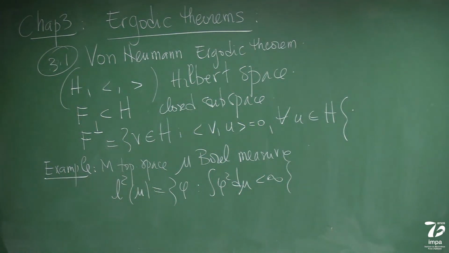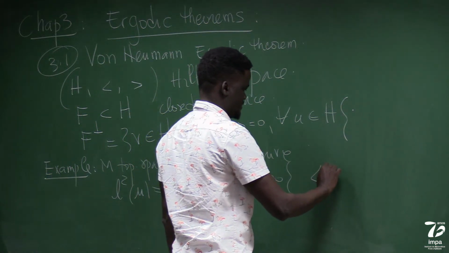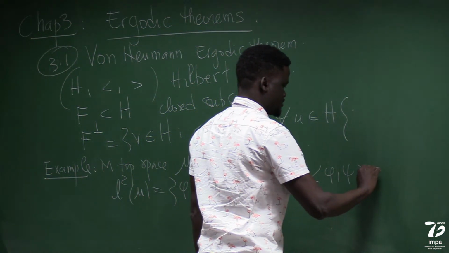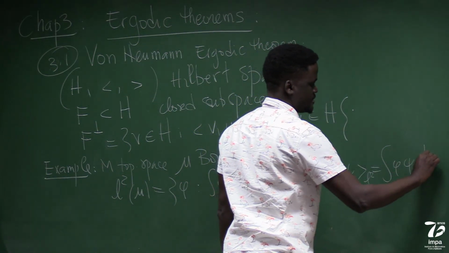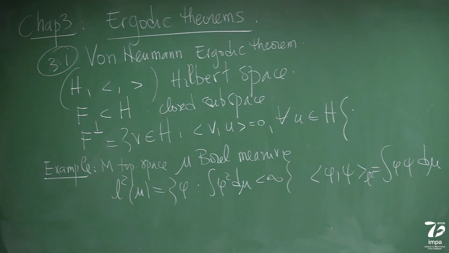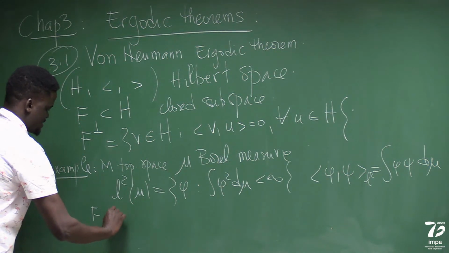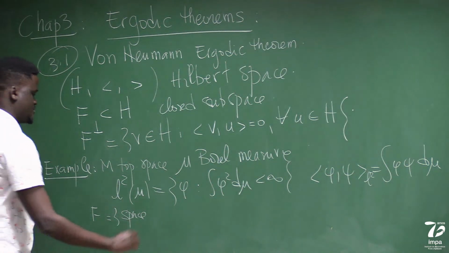This is a Hilbert space, and the inner product is given by the integral of phi psi d mu. Okay, and if you remember, we choose F as the space of constant functions.